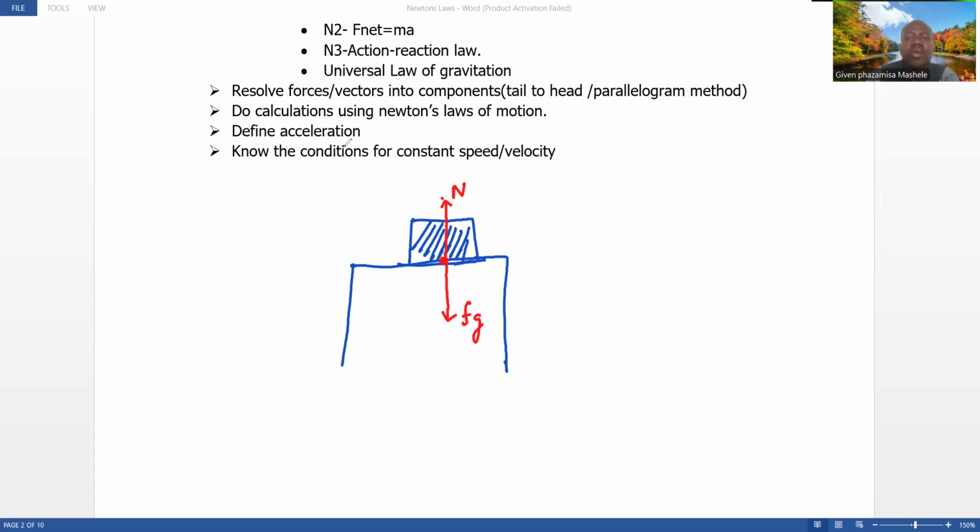So now we want to differentiate between a free body diagram and a force diagram.